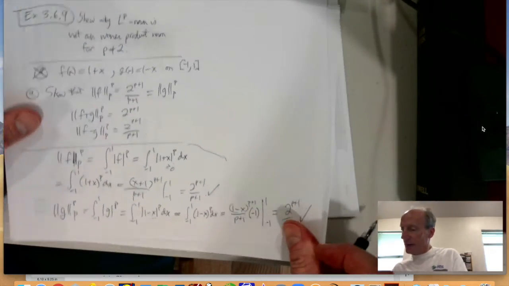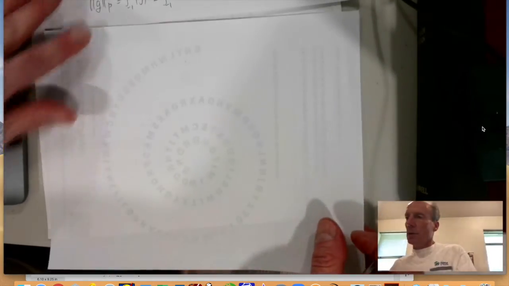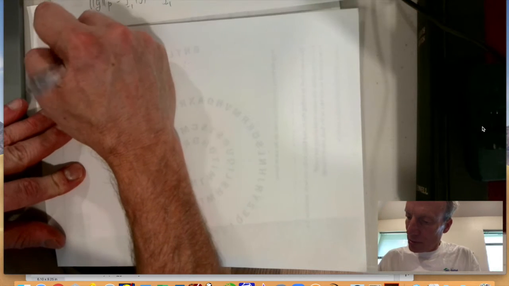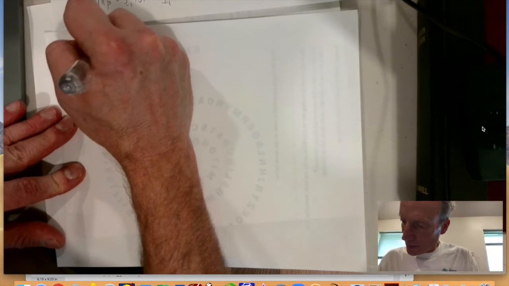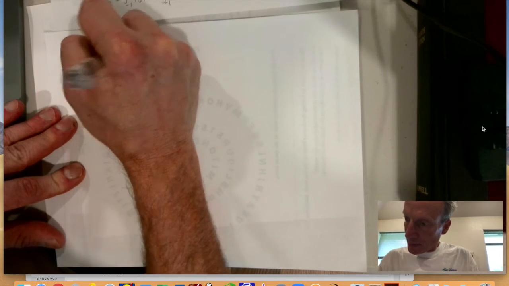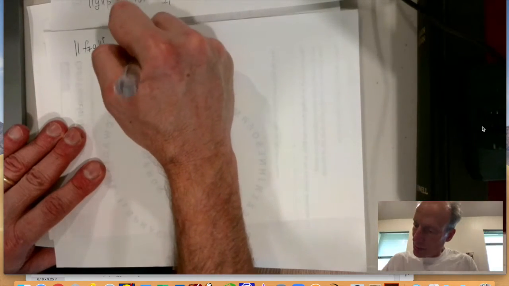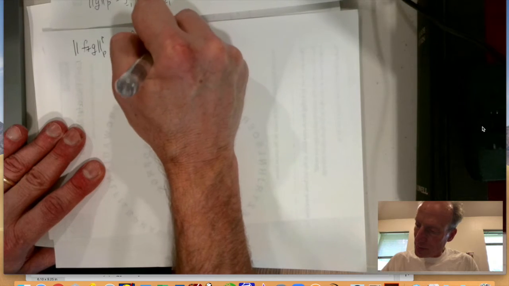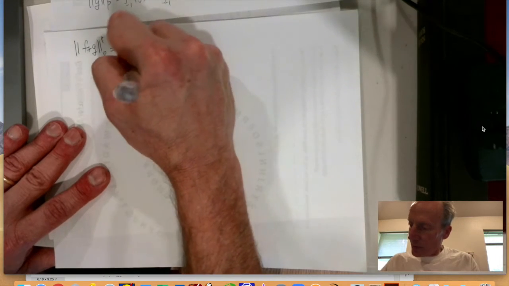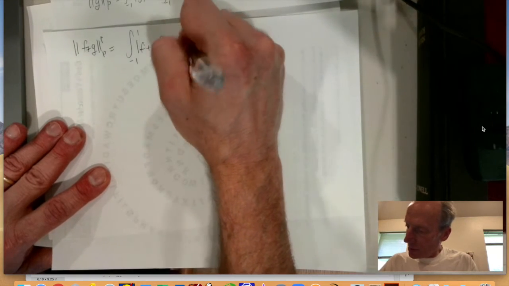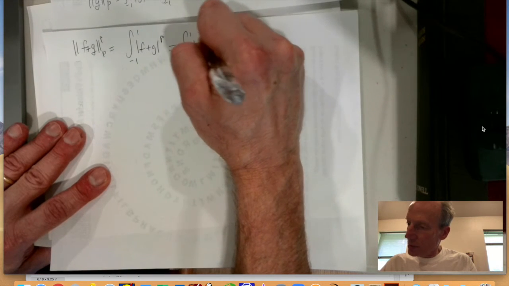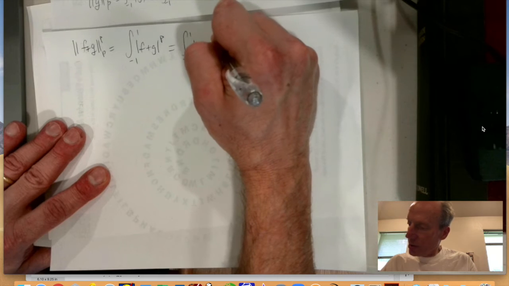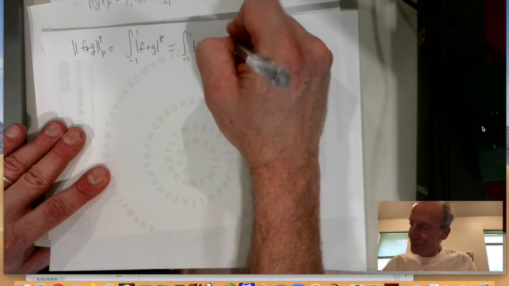We have to do adding the two functions together. So that would be the integral of absolute value of f plus g to the p from negative 1 to 1. Absolute value of f is 1 plus x, plus g is 1 minus x.